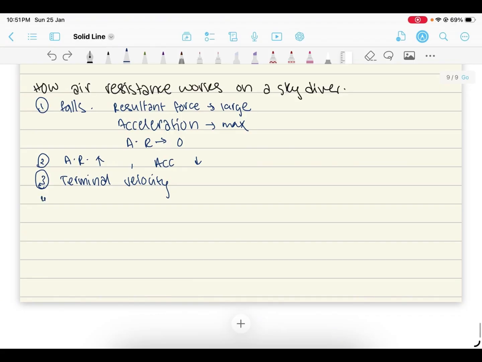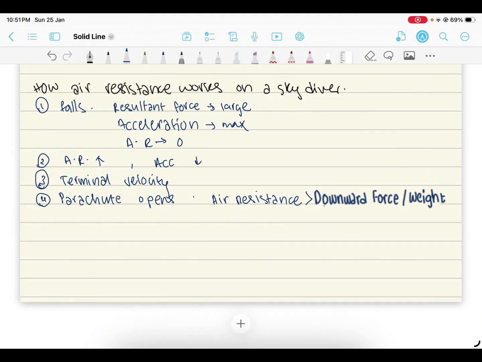But then after terminal velocity is reached, the skydiver opens the parachute. As soon as the parachute opens, first the skydiver will experience deceleration, because air resistance is more than the downward force, or you can say weight. Like this. Let me show you. Air resistance is more than this.